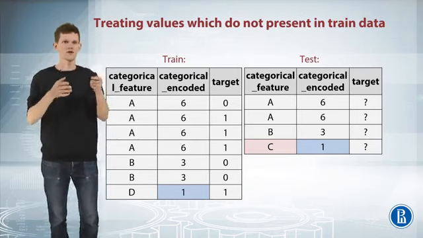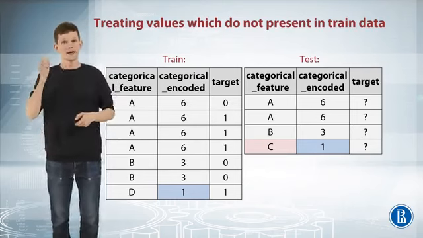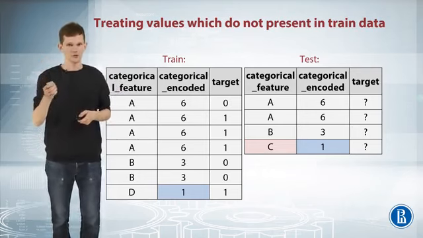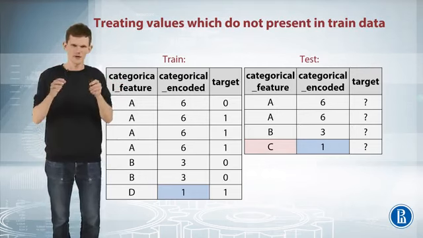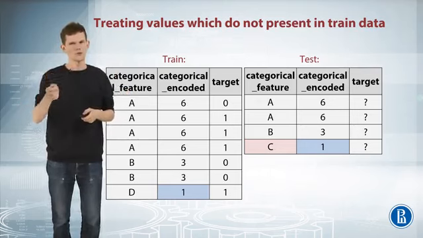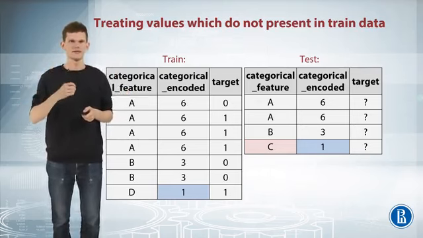The same works for values B, D or C. But now, the new feature values related to D and C are equal to each other, and if there is some dependency between the target and the number of occurrences for each category, our model will be able to successfully utilize that.